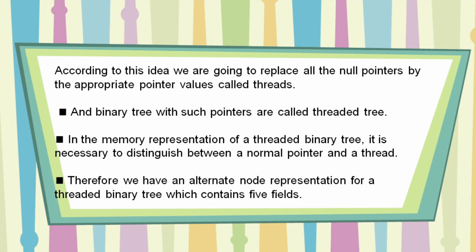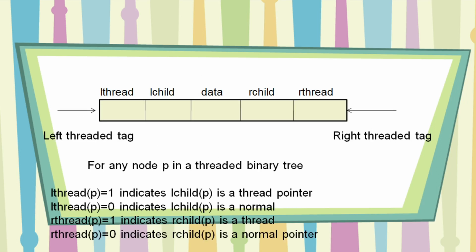Therefore, we have an alternative node representation for a threaded binary tree which contains 5 fields: left thread, left child, data, right child, right thread. For any node P in a threaded binary tree, if there exists a thread pointer, then the child does not exist. If there exists a child, there is no thread pointer.